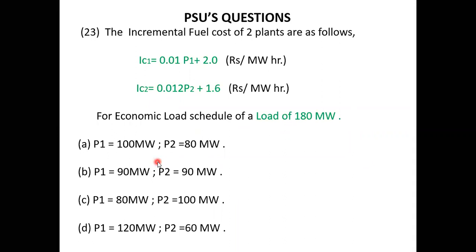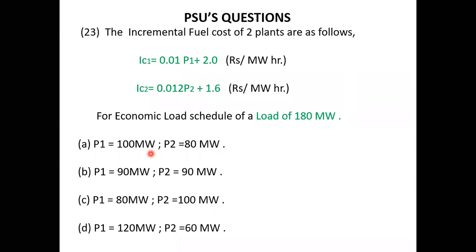So when you consider the options, in the first case, P1 equals 100 and P2 equals 80, so you will get 180. Similarly, in the second case also you will get 180. Similarly, in the third case, and in the fourth case also, when you add these two, you will get 180. That is the first point. Coming to the second point, between P1 and P2, we need to select the answer.